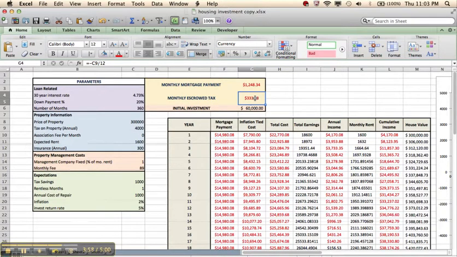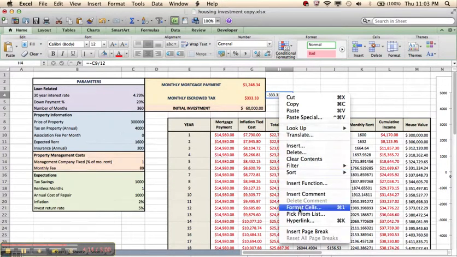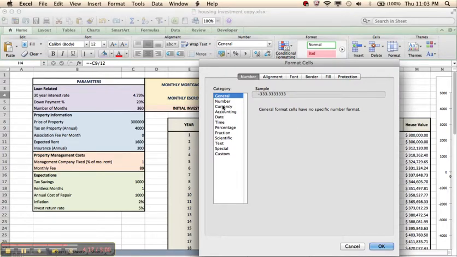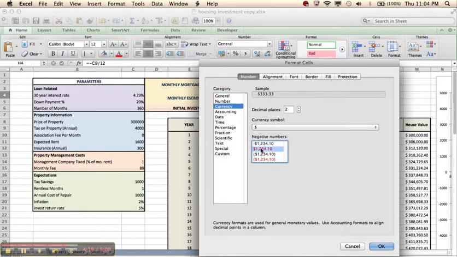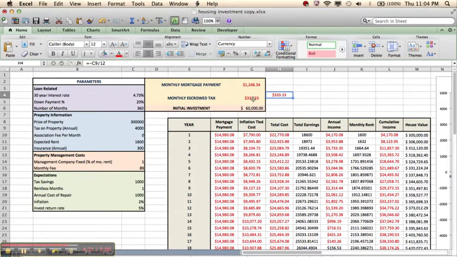So I said in the formula equals negative C9 divided by 12. Okay, so if I just did that here, equals negative C9, so I can just click on that, divided by 12. Notice I get this, not a dollar sign, so I could click on the cell, right-click it, go to Format Cells, and then say it's a currency, and then choose it to be read whenever it's a negative number. So now they look similar, okay?